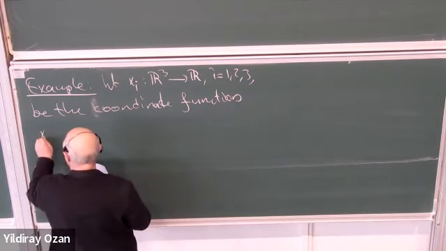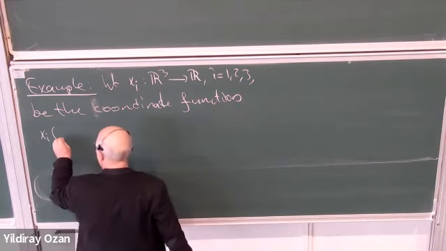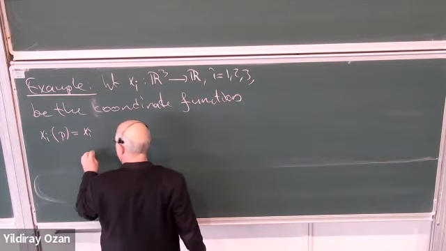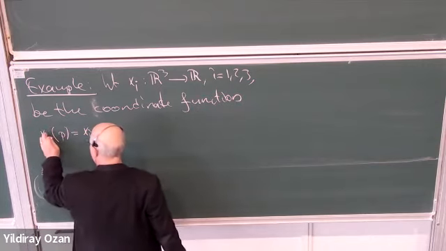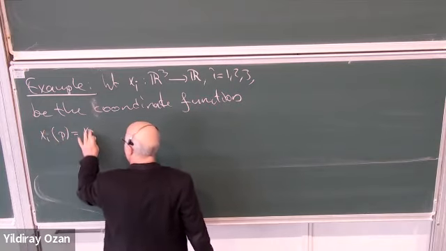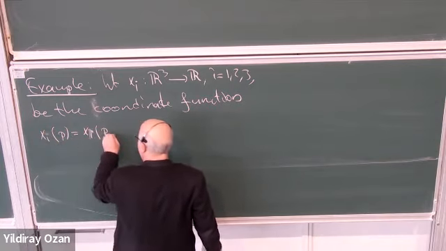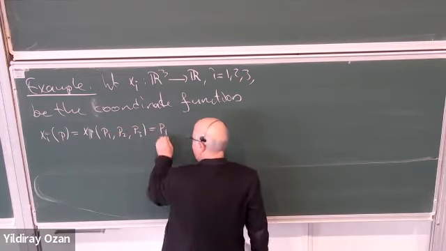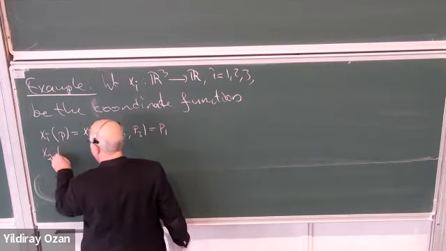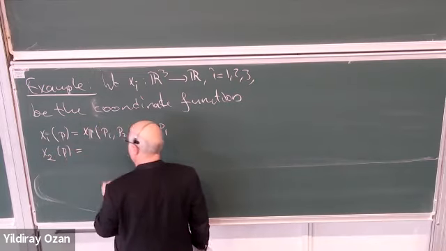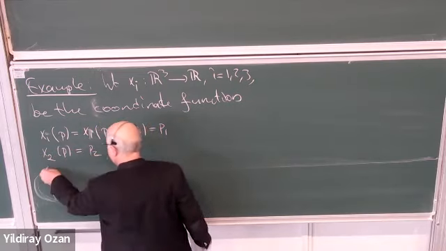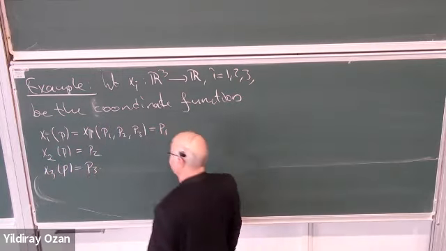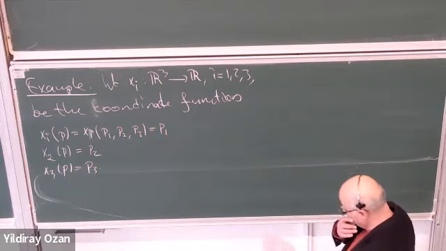So given by this, whenever you have a point, for example, x1 is what? If your point has coordinates p1, p2, p3, this is p1. x2 of this is just p2, and x3 of p is just p3. So coordinate functions.